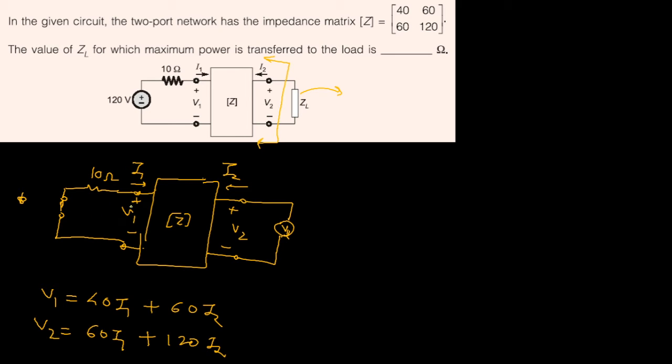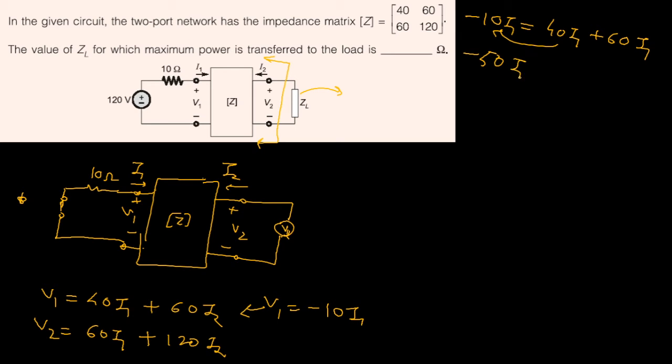And from here we know that V1 is equal to minus 10 I1, and if we put this value in here we get minus 10 I1 is equal to 40 I1 plus 60 I2. So minus 50 I1 is equal to 60 I2, and so I1 is equal to 60 upon minus 50 I2, which is minus 6 by 5 I2.